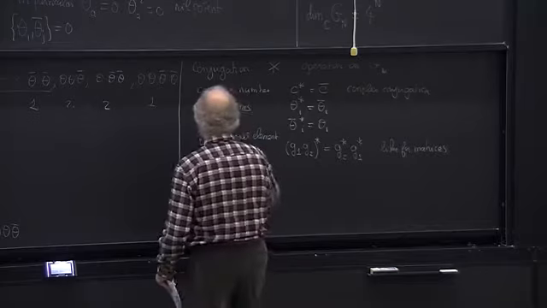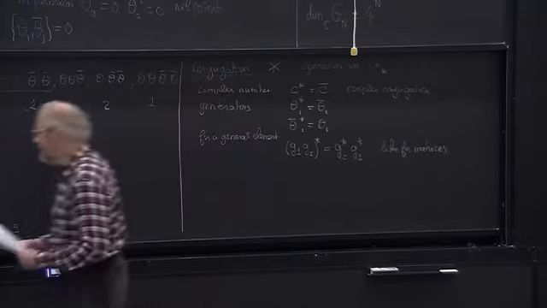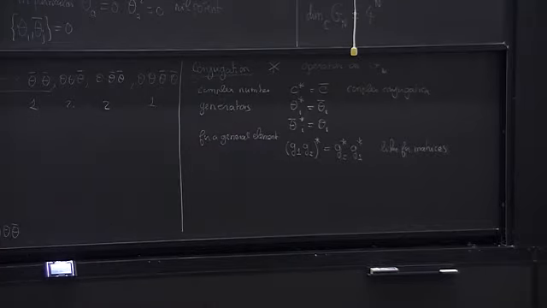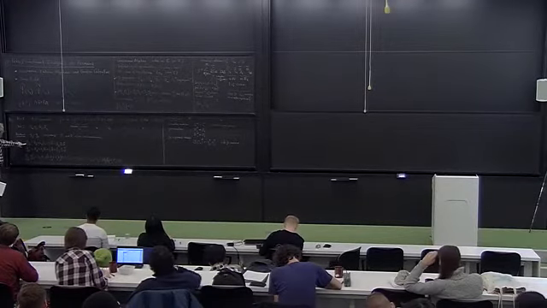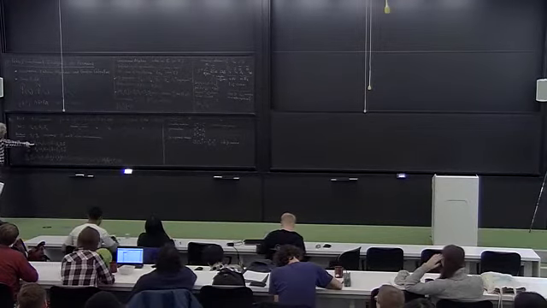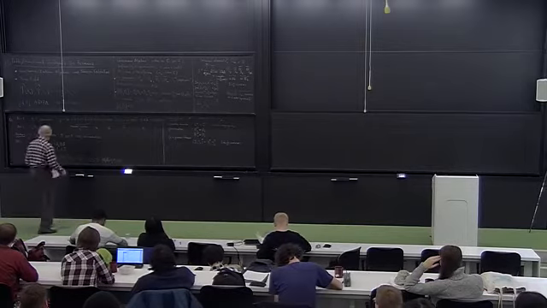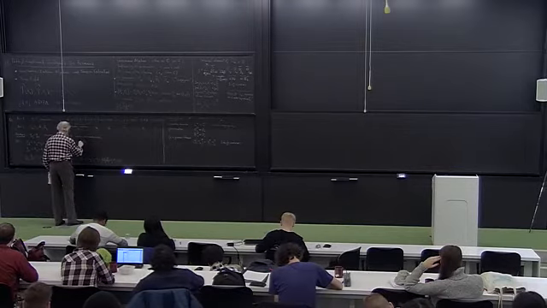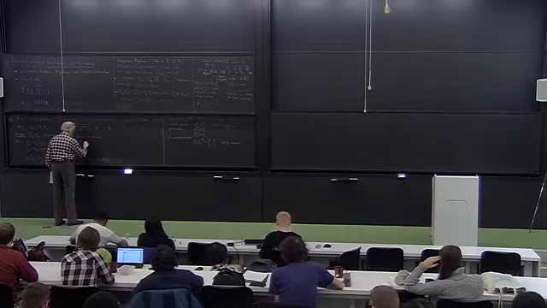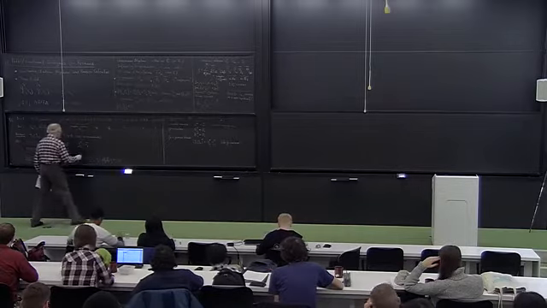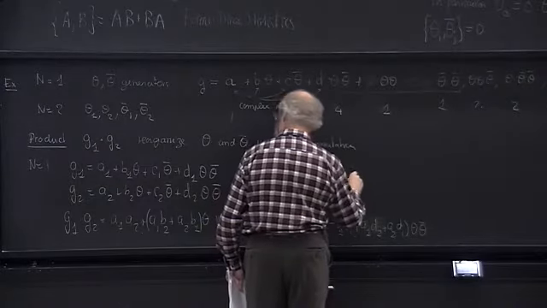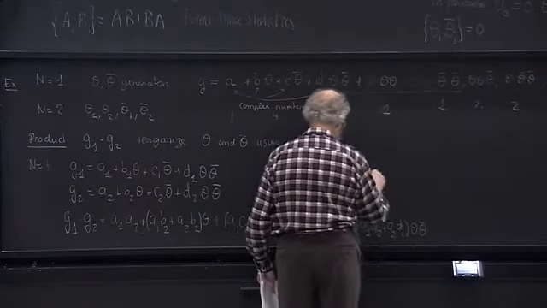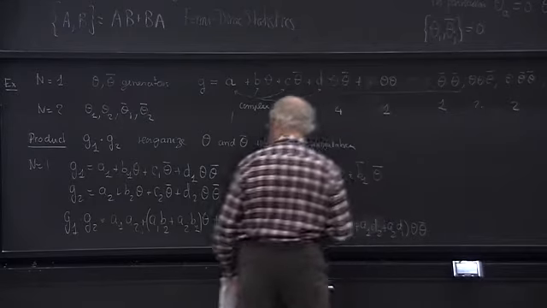And with these rules, you can easily check that the conjugation of A1 is A1 bar. So with this definition, for instance, G1 star is the complex number A1 bar plus C1 bar times theta plus B1 bar times theta bar.